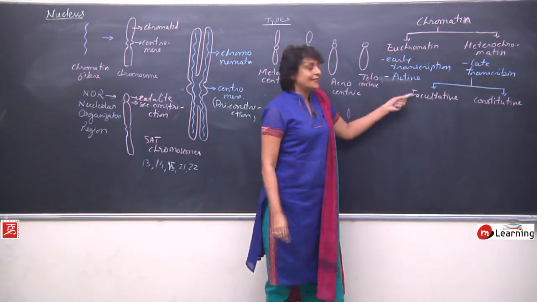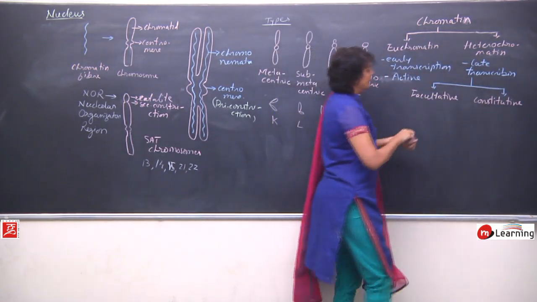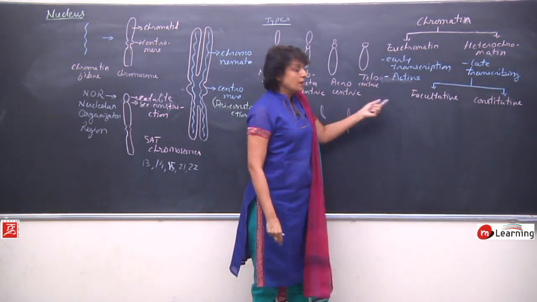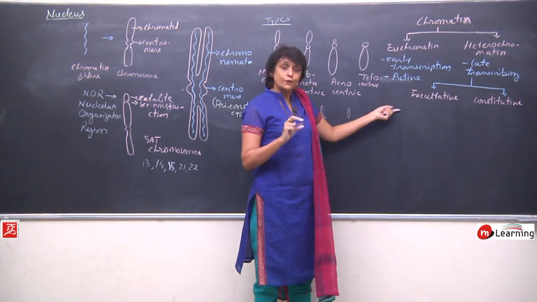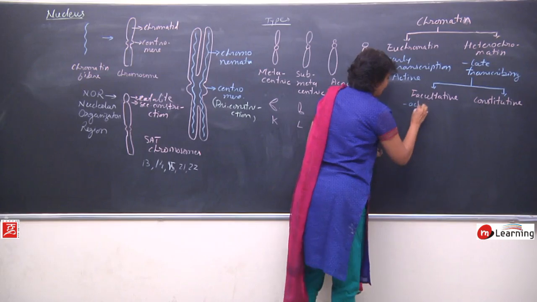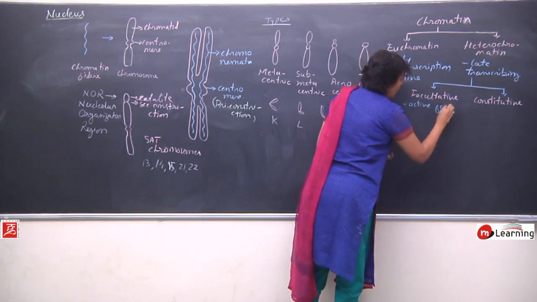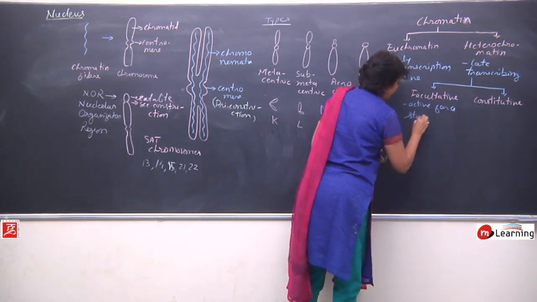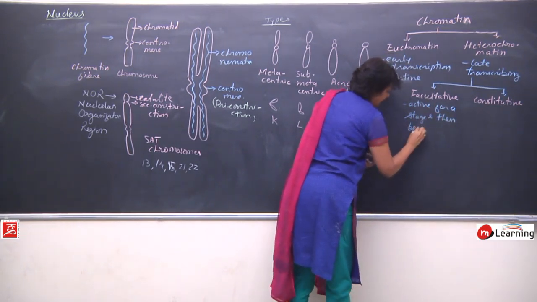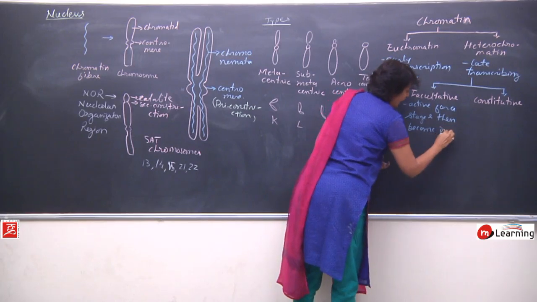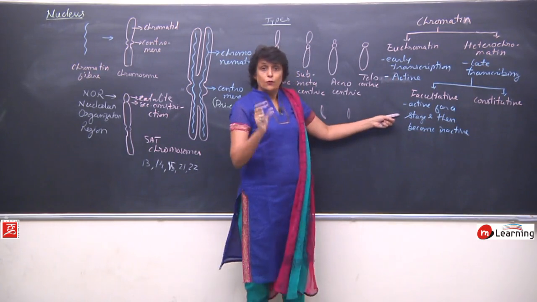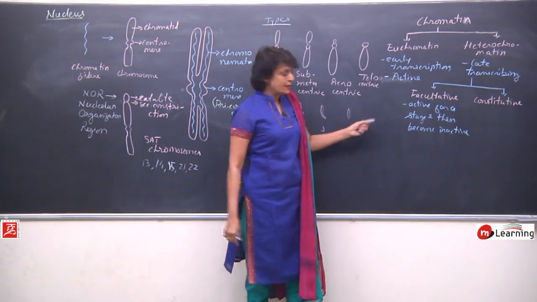Both are late transcribing. Facultative are the ones which are active for some time and then they become inactive. So, active for a stage and then become inactive permanently, but for some time they were active.